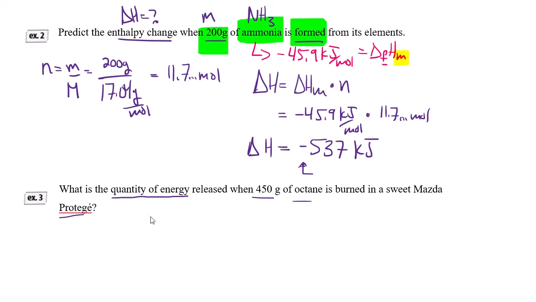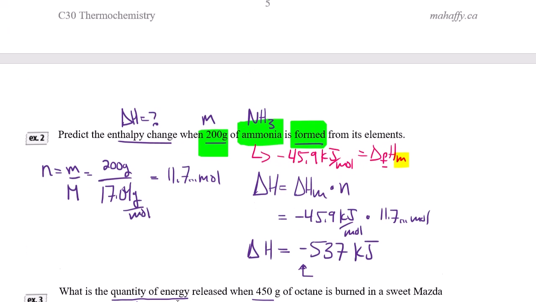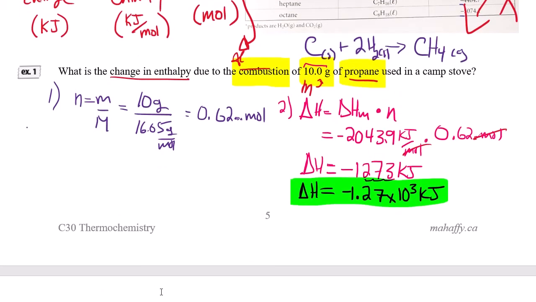But the only thing that you need to pay attention to here is it's asking for quantity of energy. What quantity of energy is released? So if we had phrased it the same way for this first question, the enthalpy change was negative 1,273 kilojoules. If we had asked what quantity of energy was released, we released 1,273 kilojoules.